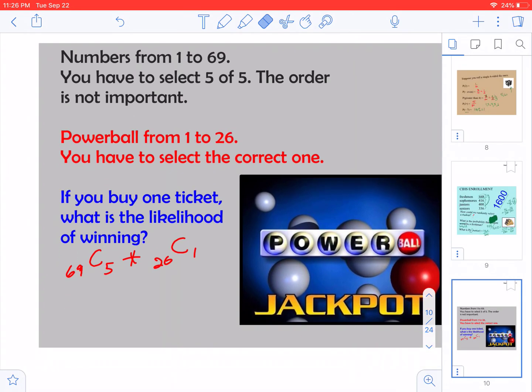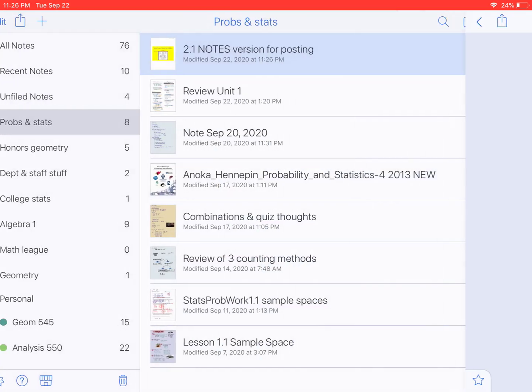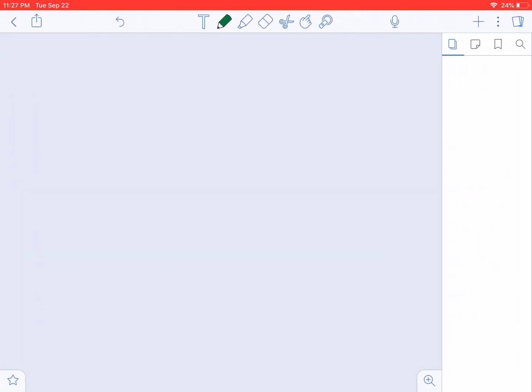So we multiply those two numbers together, and then we would divide by that number, because that number there, and I don't have a calculator and I'm stuck on my chair, so I'm going to let you calculate that out, but it would be one ticket out of that many million. And it seems to me that number was in the neighborhood of, let's see, I think I actually got that number here.